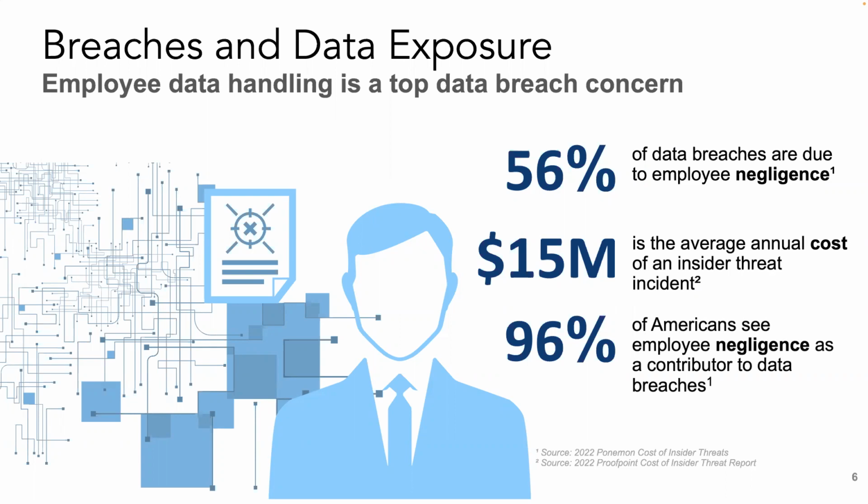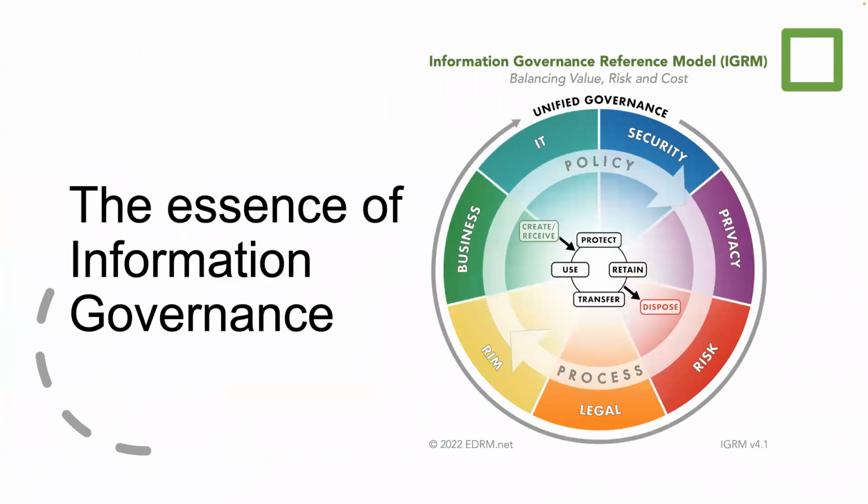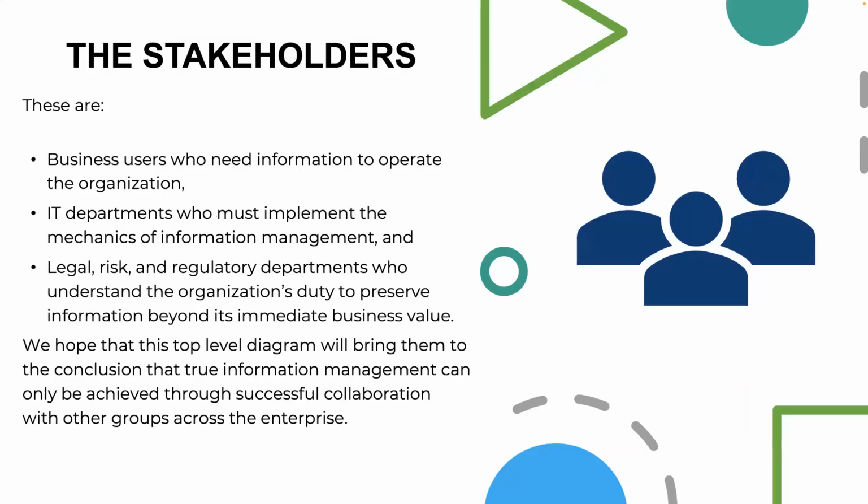So what can you do to protect your organization's data and your customer data? You can start an information governance program. So what is information governance? On the right-hand side, we have an infographic of what information governance is comprised of. You can see we have the stakeholders, and these are the business units that the organization uses for running the business.